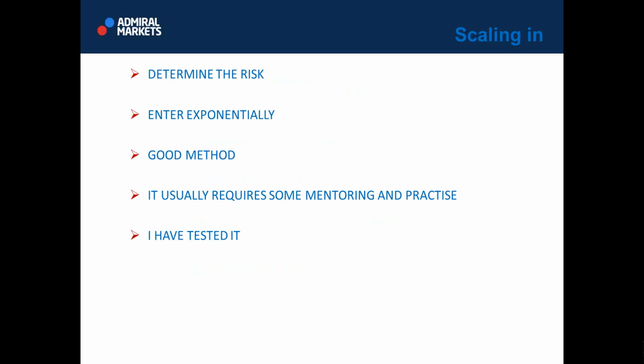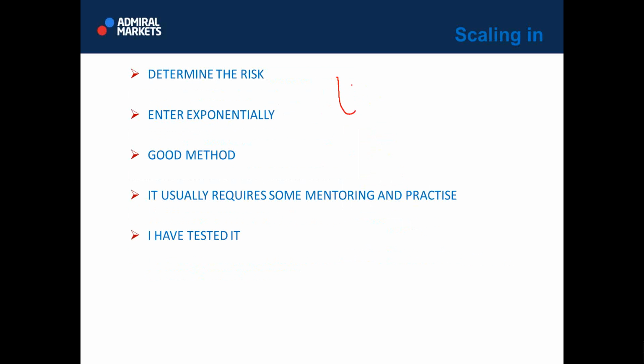You should enter exponentially. That means that exponentially entering is entering based on either price action, which is the easier way, or based on indicators. I will show you both ways just after this, and you will see what I had in mind.